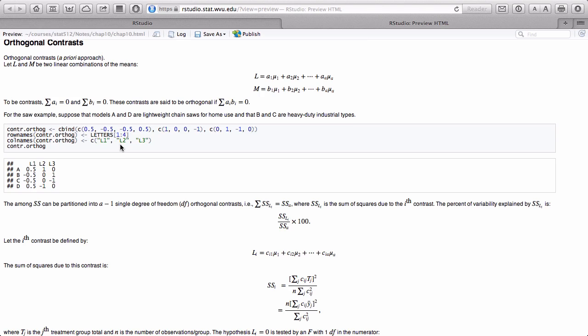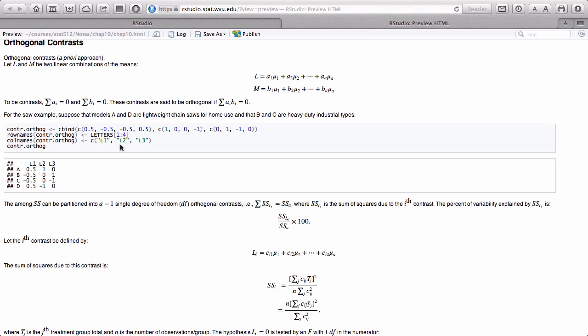Now, notice, first of all, the sum of the c sub i's equals 0, right? It's a contrast. So we have minus 0.5, and we have 0.5, minus 0.5, minus 0.5, and then 0.5. That compares A and D versus B and C. Now the next one is 1, 0, 0, minus 1. What does that compare?